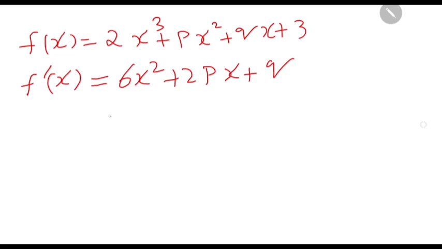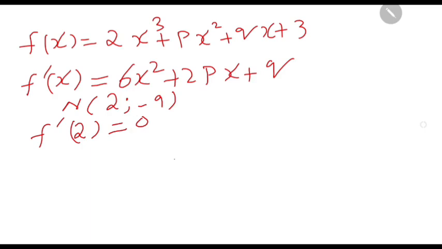Now n, 2 and -9, is a turning point, so the first derivative at x equal to 2 must be 0.